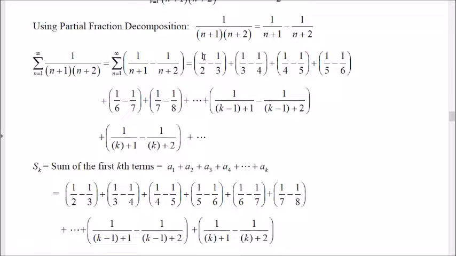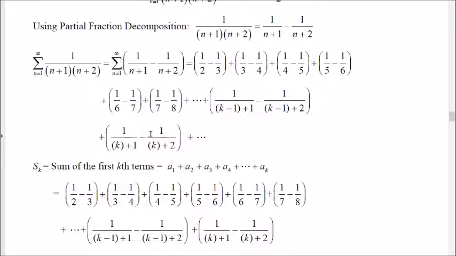So the first term will be 1/2 minus 1/3. The next term will be 1/3 minus 1/4. The third term will be 1/4 minus 1/5. The fourth term will be 1/5 minus 1/6, and so on.